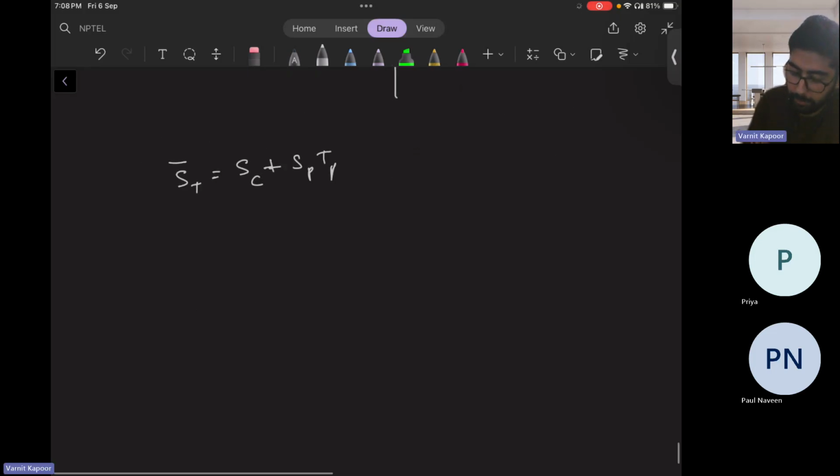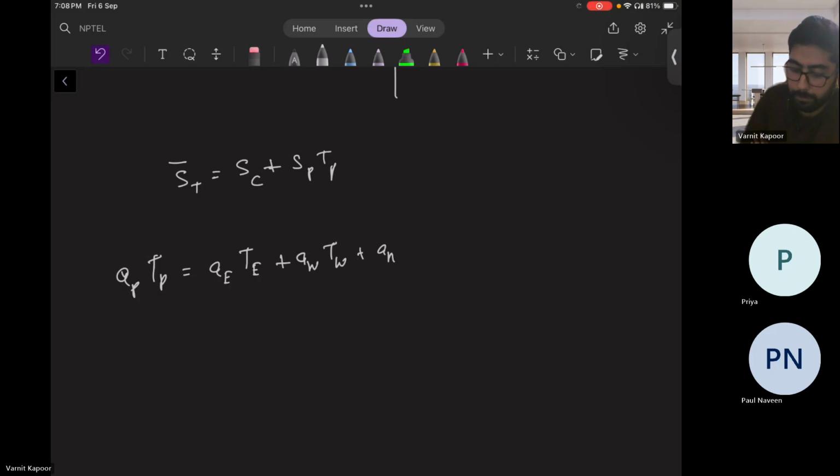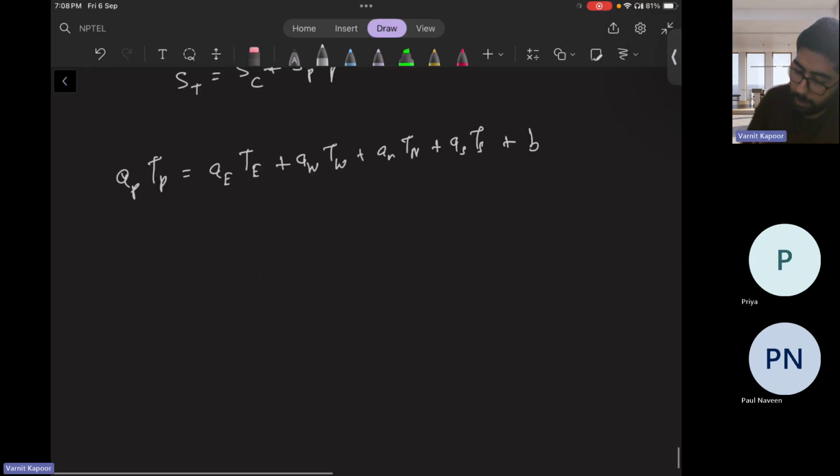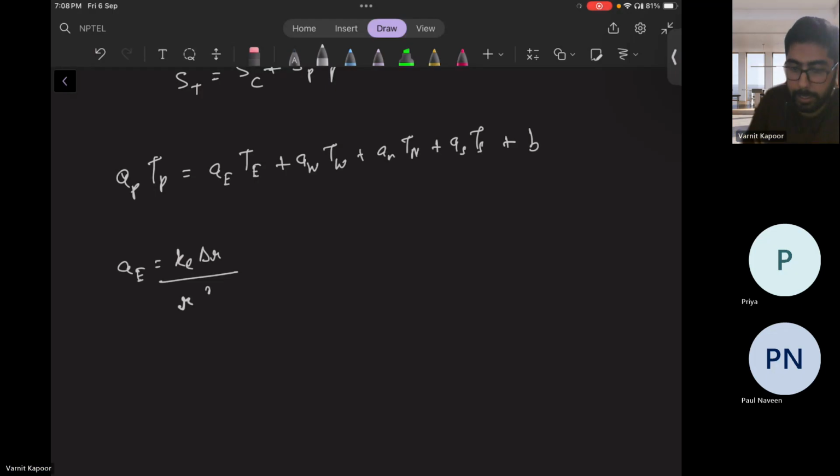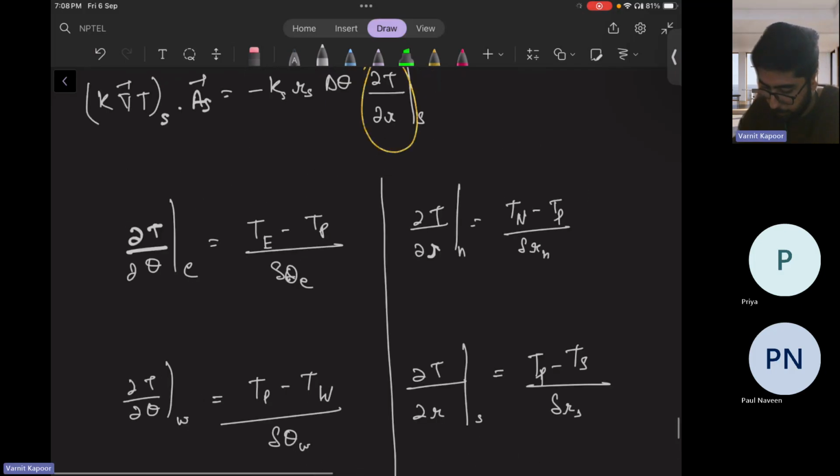When you write, again your equation will come like AP TP is equal to A east T east plus A west T west plus A north T north plus A south T south plus B. So where A east was how much? K east del R by R del theta east. Okay.